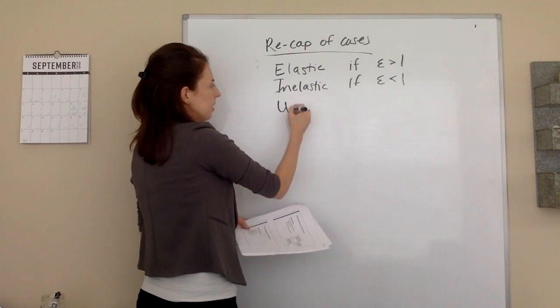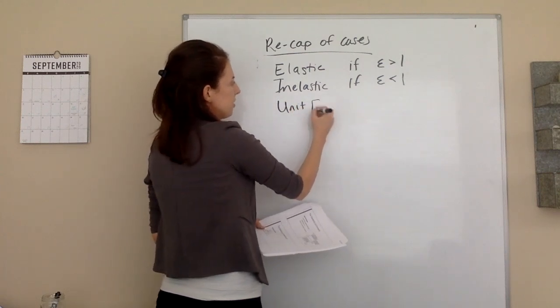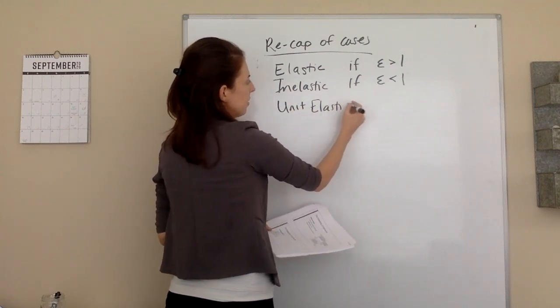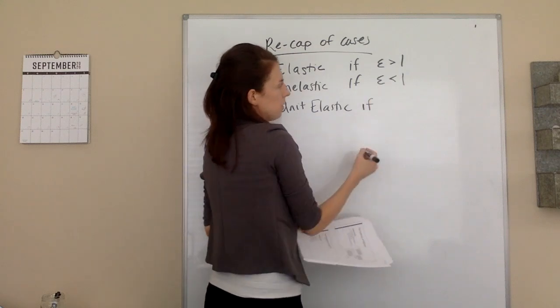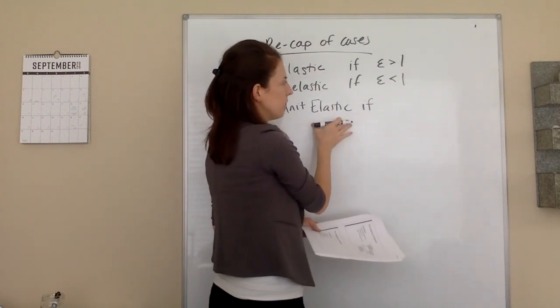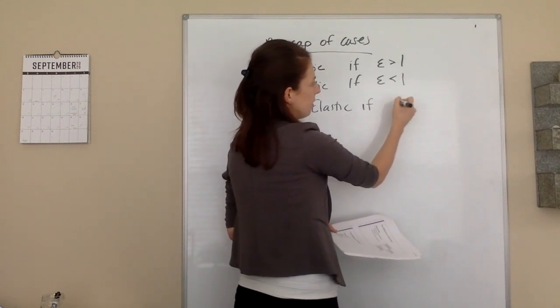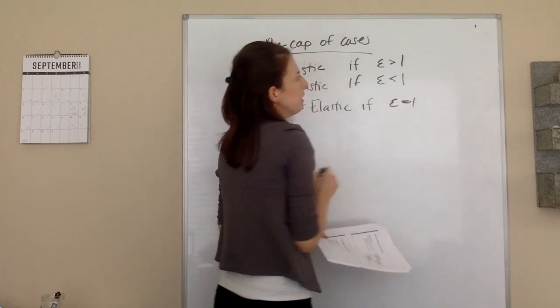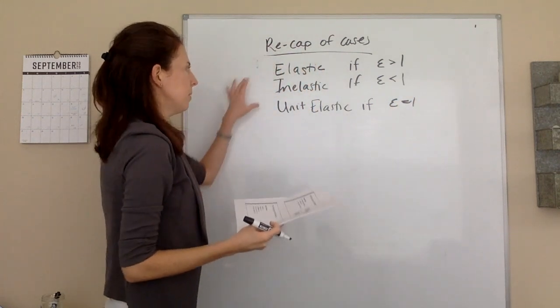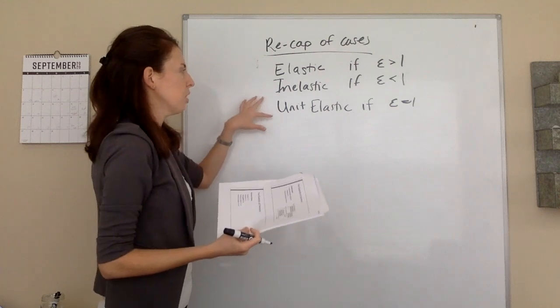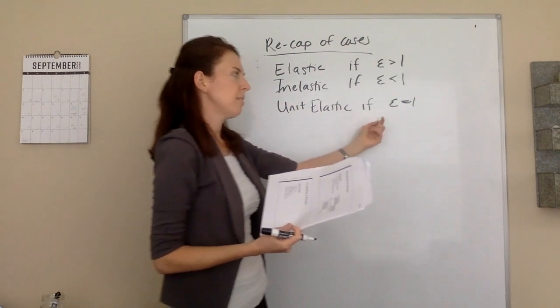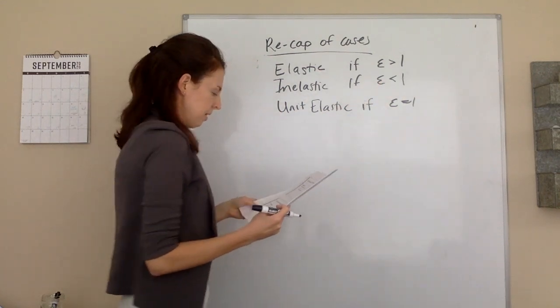There's something called a unit elastic demand, and that is what we call elasticities of demand that are exactly equal to 1. This is the middle of the spectrum, so we call it a unit elastic demand because elasticity is equal to a unit of 1.